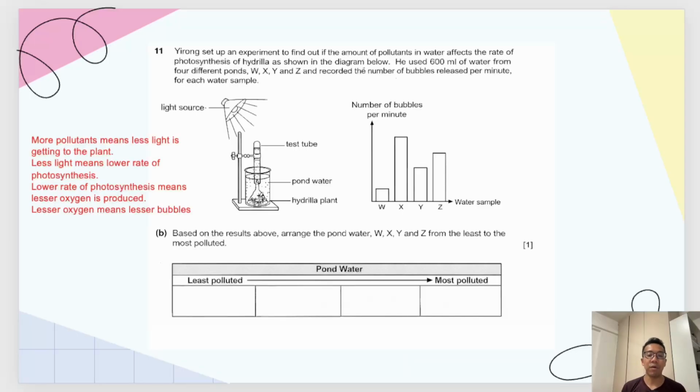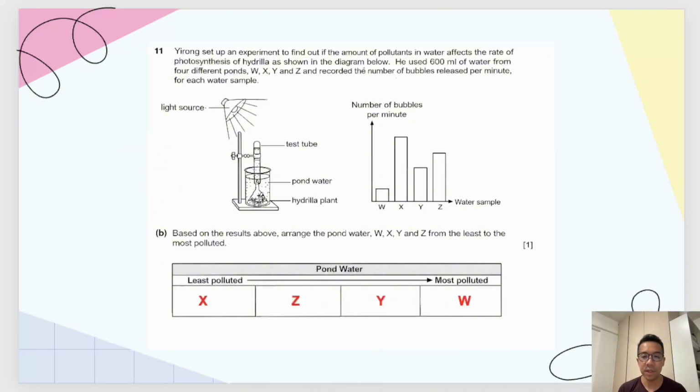So here's a recap of what I talked about. More pollutants means that lesser light reaches the plant. Lesser light means slower rate of photosynthesis. Slower rate of photosynthesis means lesser number of bubbles per minute. And from that logic, we can plug in the values for the table listed here.